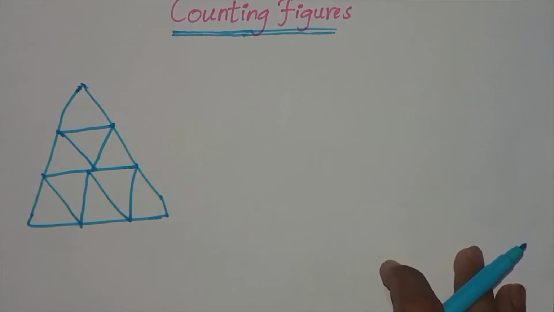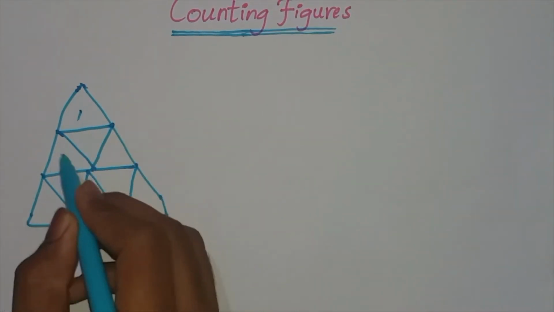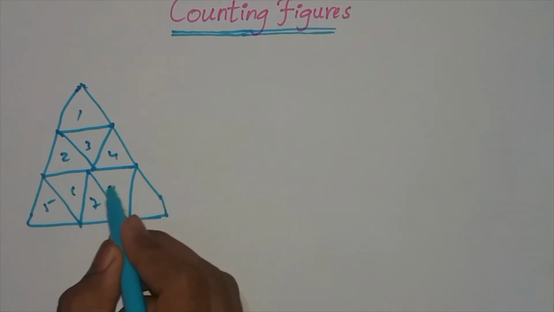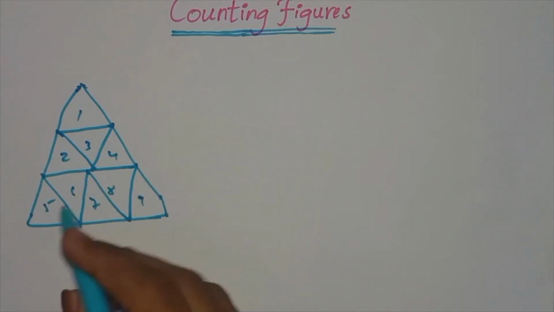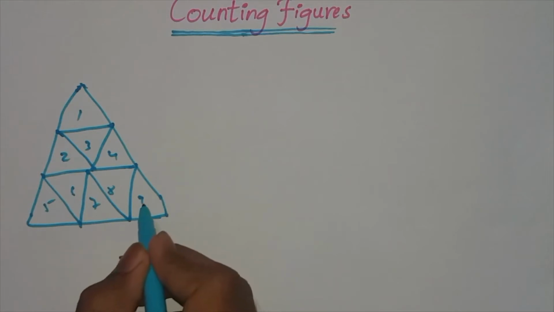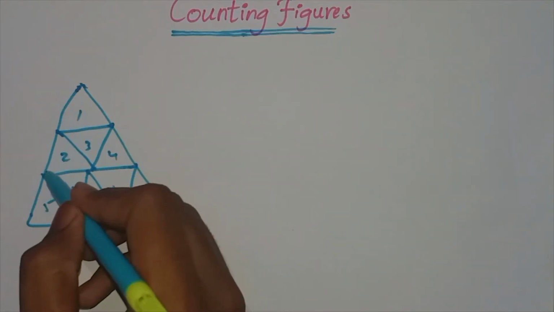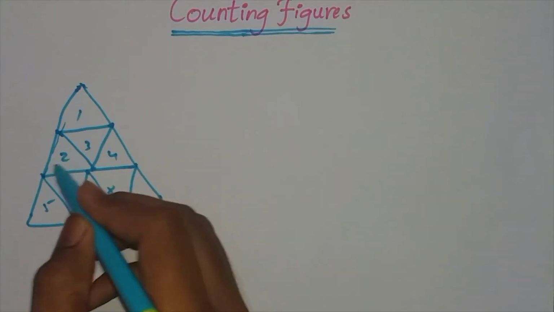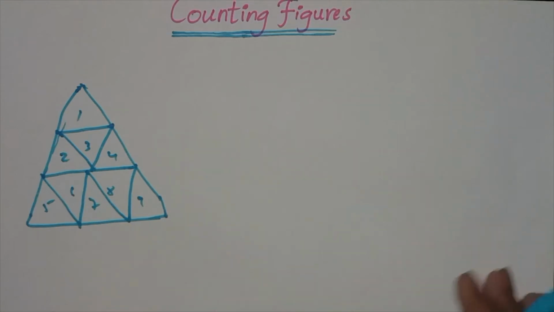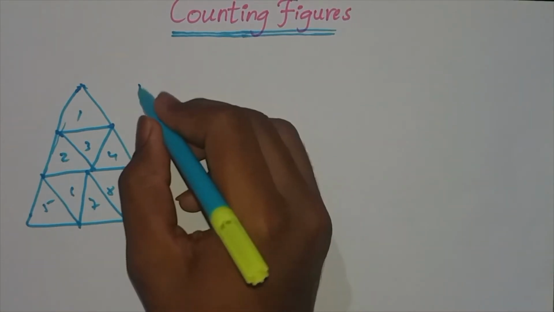In the oldest method you will try to solve it like this: this is first, second, third, fourth, fifth, sixth, seventh, eighth, ninth. And while you are calculating these triangles, it may take so much time. So the shortcut method is, these are the seven triangles, right? Another triangle is this, suppose this is one triangle. Like that there will be 13 triangles.